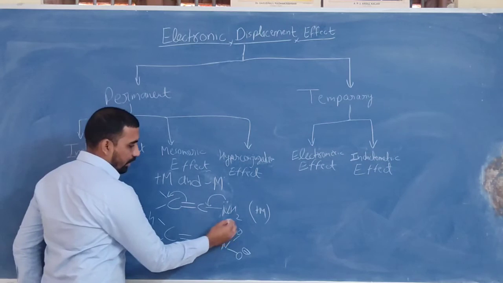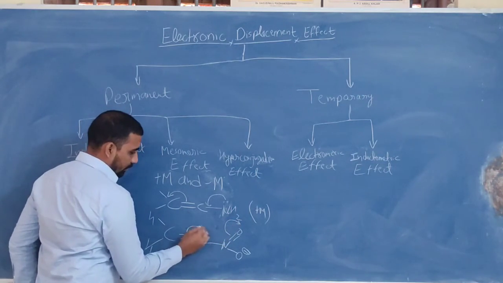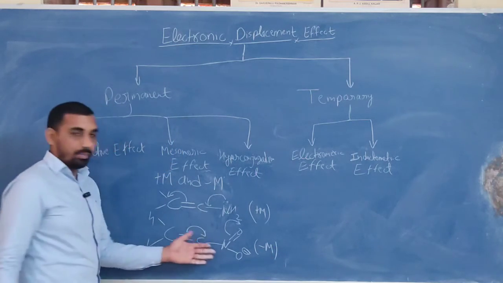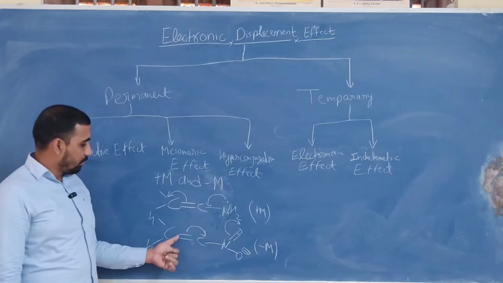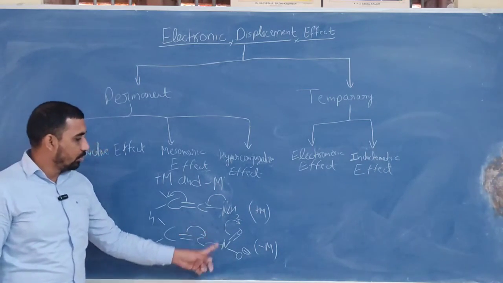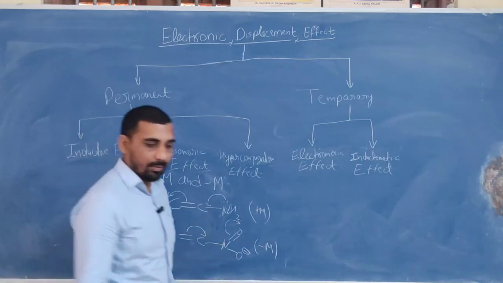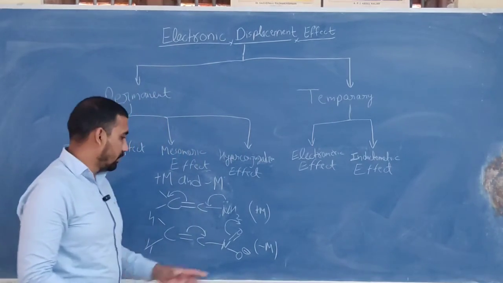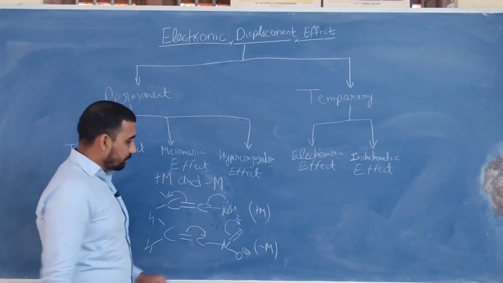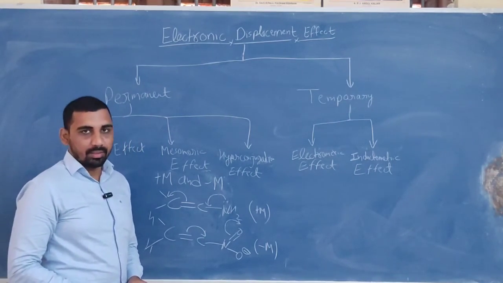It will move like this. This is minus M, where electron density is moving from the pi skeleton system to the attached group. It means this group will show a minus I effect. That's the minus M effect. That's all for plus M and minus M.